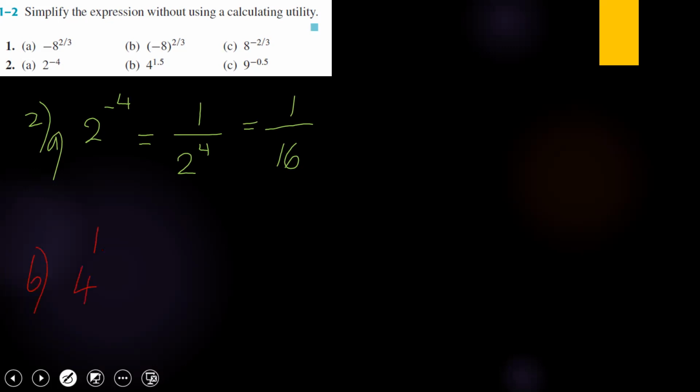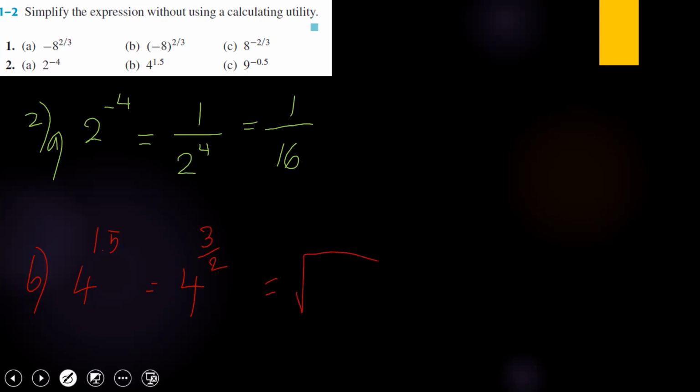4 to the power 1.5. Now here, as you see, you don't have a calculator, you need to find the answer. How can I write 1.5 as a fraction? 3 over 2. Then 4 to the power 3 over 2.